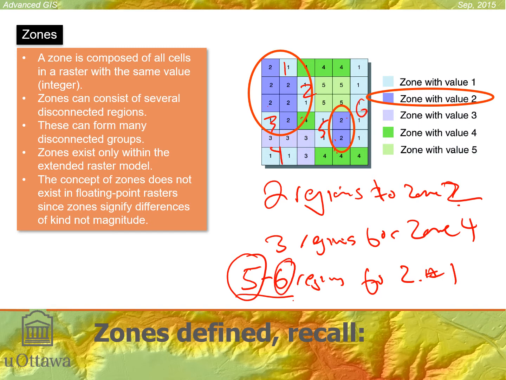So the number of regions can depend on how you define adjacency. By default, sharing a corner is considered adjacent. So by default here, we would have 5 regions.